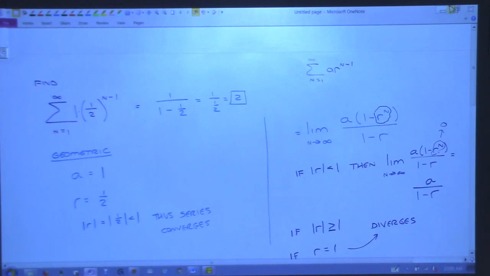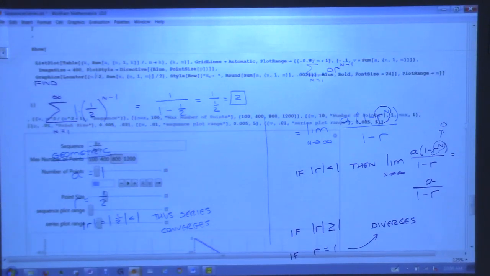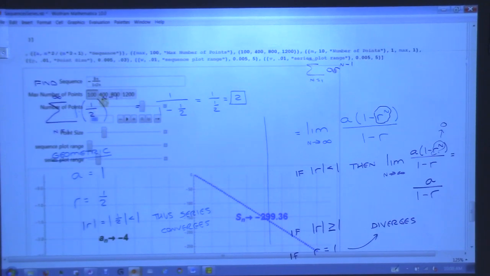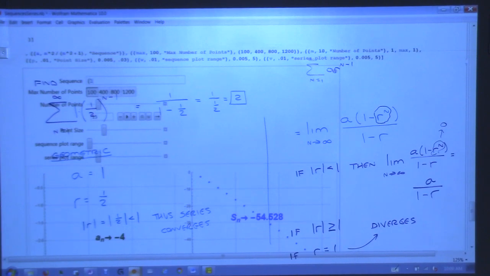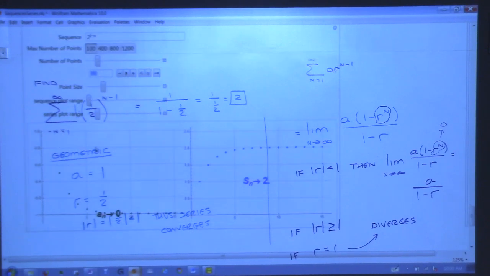Now, let's actually have the computer verify that for us. We're going to type this in here. This was 1/2 raised to the n minus 1. There you go.